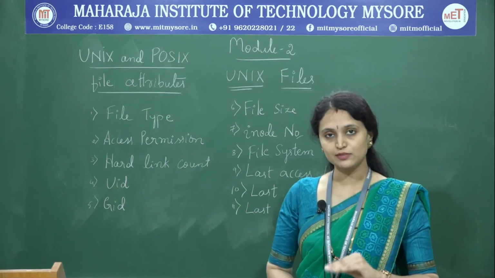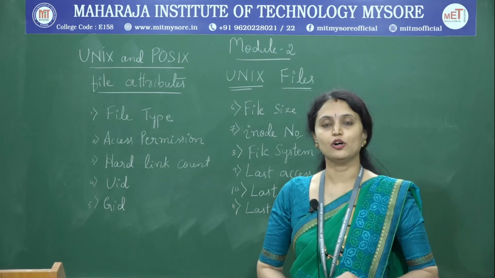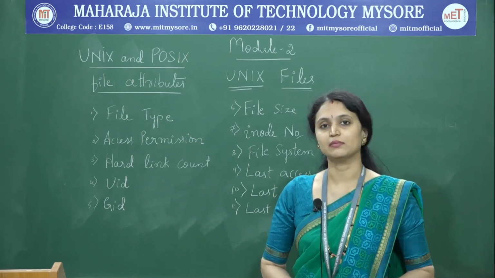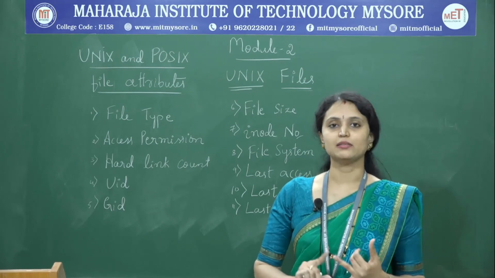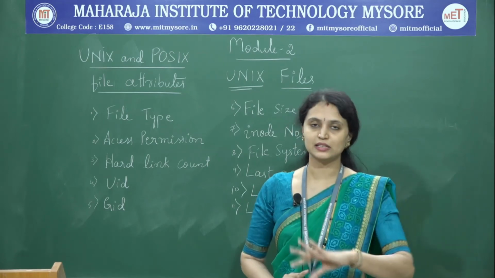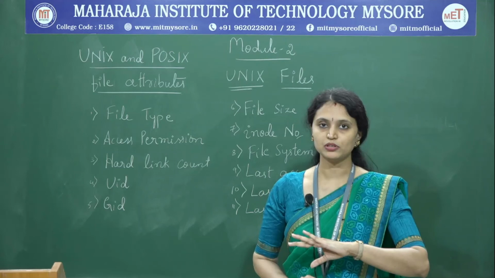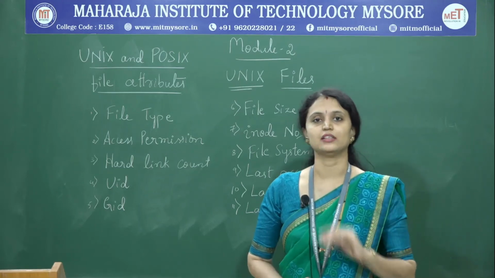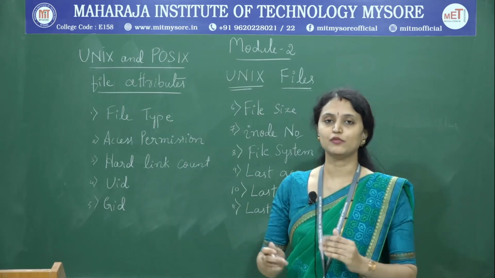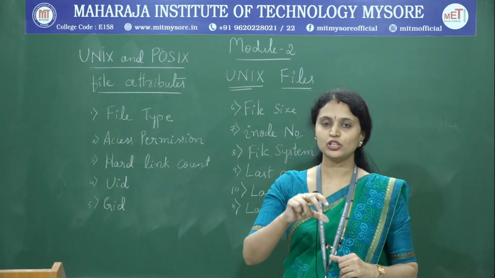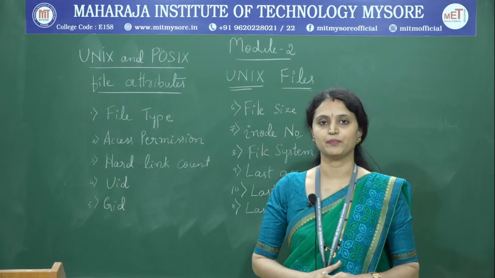In addition to these file attributes, a file also stores major device number and minor device number. We have already discussed the major and minor device numbers when we were discussing block device and character device files.